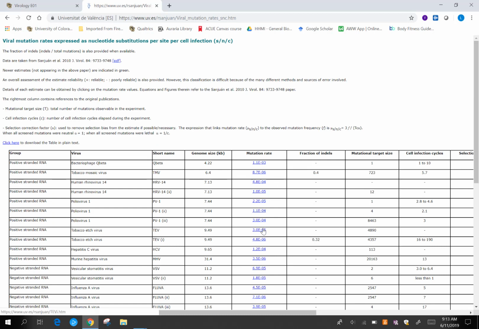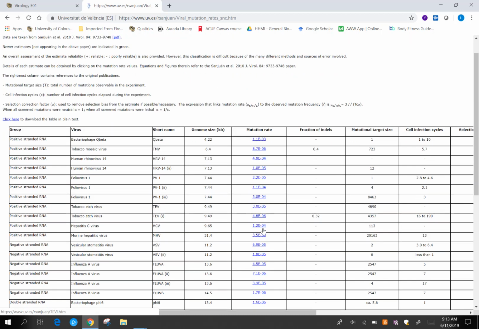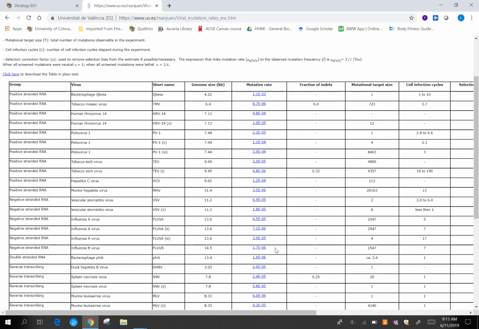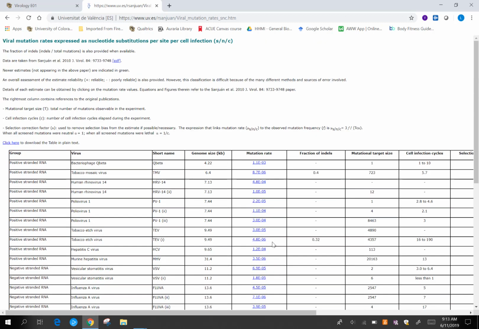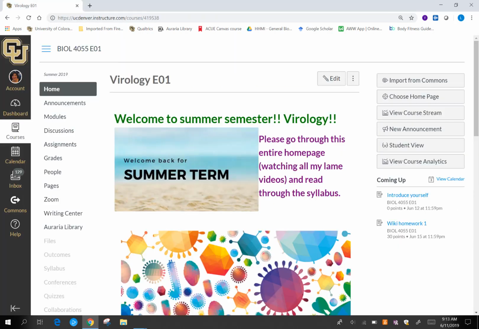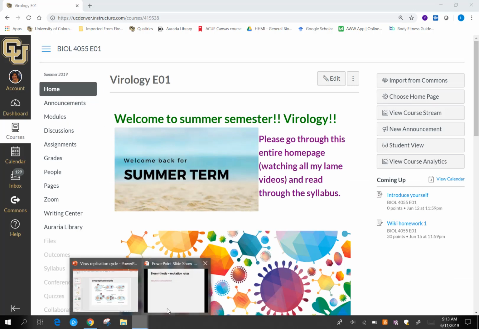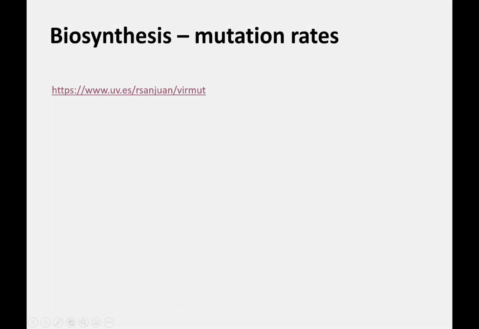Here are some additional mutation rates, and these aren't things you need to know. I'm just pointing out, this is per cell infection, that viruses, especially RNA viruses, can mutate at a fairly rapid rate, and that makes it a challenge for us to deal with these viruses.